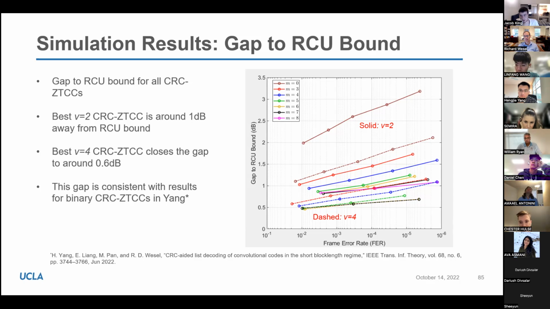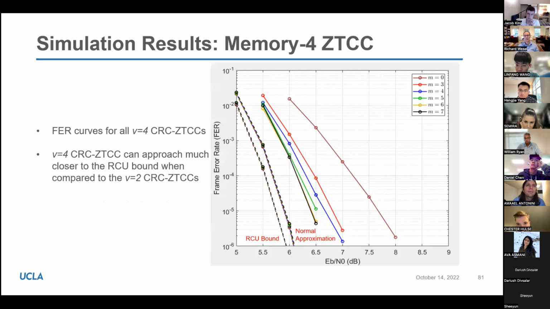Oh, okay, I didn't see the yellow one. It's a little more obvious if we look at the frame error rate curves, where increasing from m equals 3 to m equals 4 does have a noticeable increase. But once we get up to m equals 6 and m equals 7, they're lying just about on top of each other.